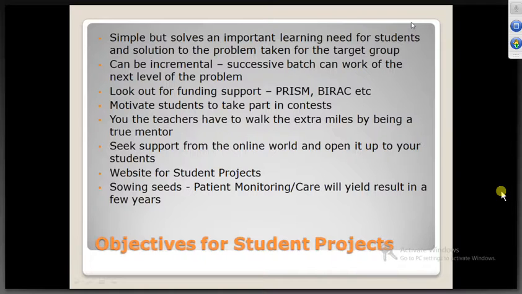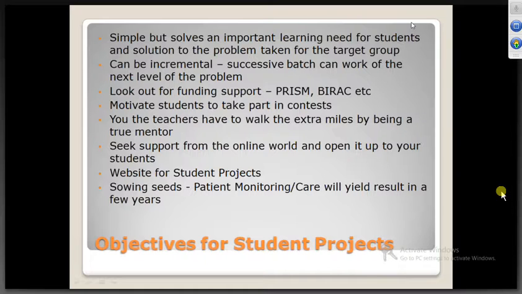What we have to look at is not small independent projects, but a large picture: take a problem which would probably take 2 or 3 years to solve, break it into small components of 6 months each, and allow students to incrementally participate and contribute, and then you have a big picture at the end of 3 or 4 years, depending on the problem you have taken.